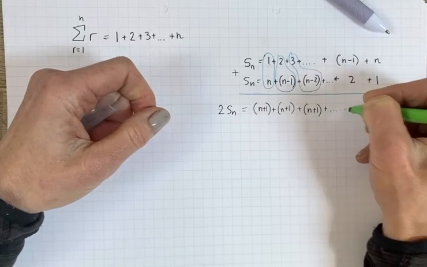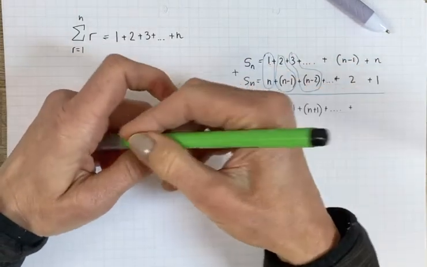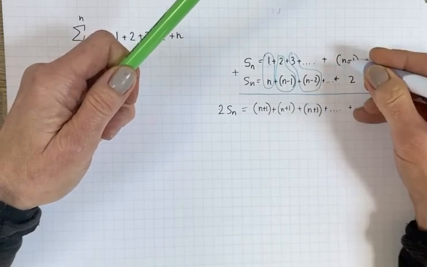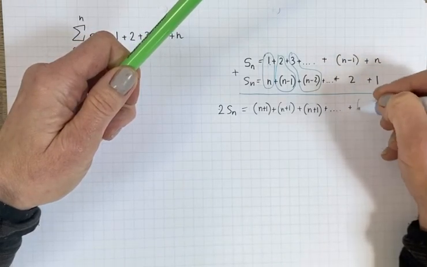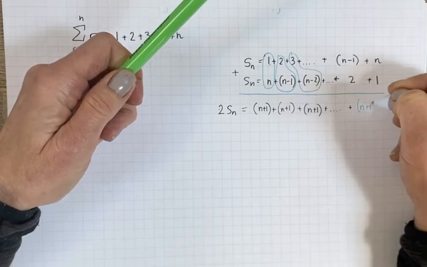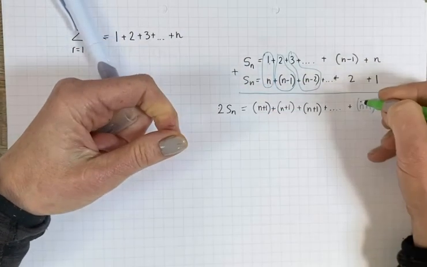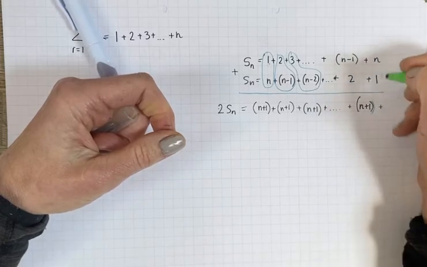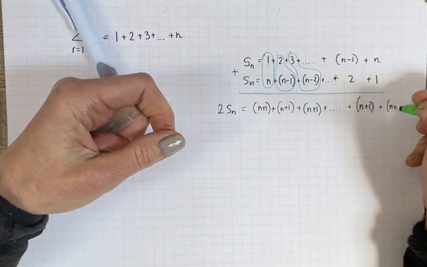And then if I go to the last term and the one before, I will have n minus 1 plus 2, so n plus 1. And the last pair here is also n plus 1.